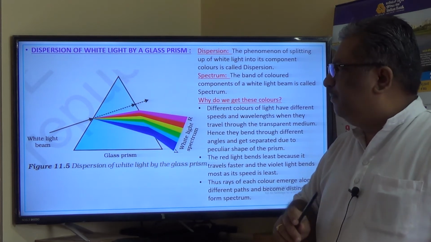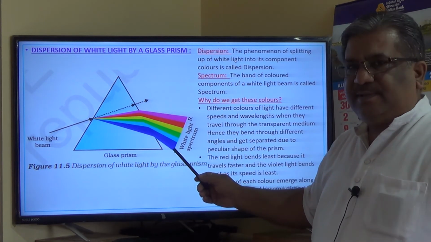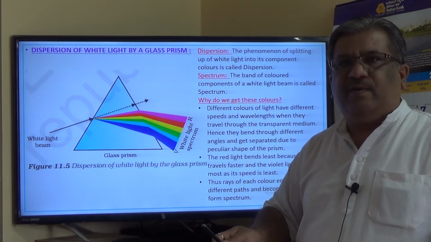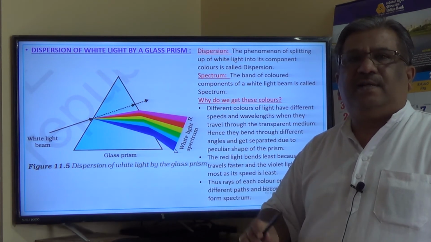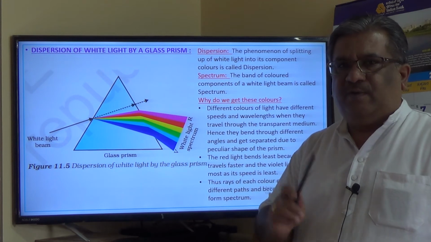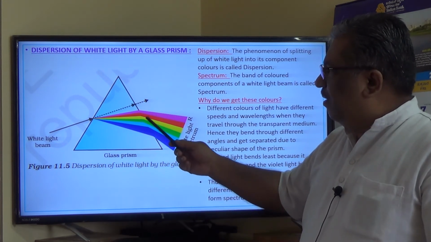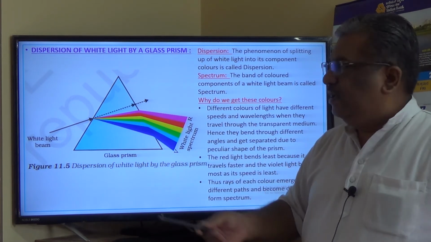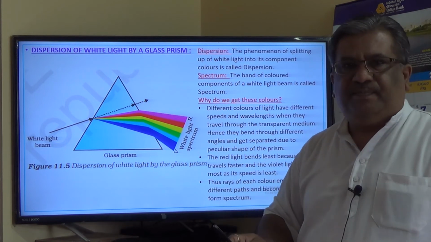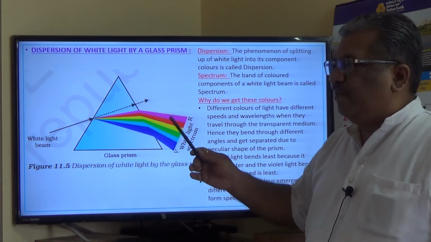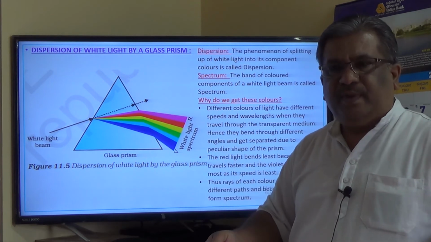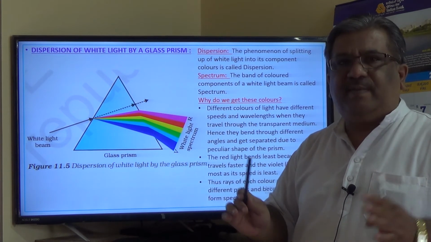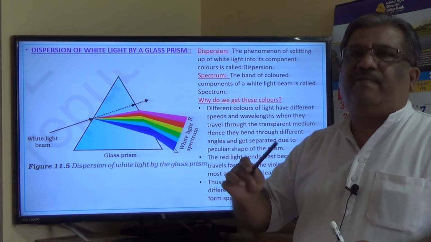But please remember, when all these colors pass through air or vacuum, the speed of all the colors remains the same. But when these colors are made to pass through any medium, then definitely the speed of these colors decreases in that medium, because of which refraction takes place.